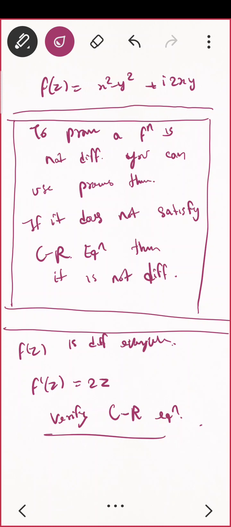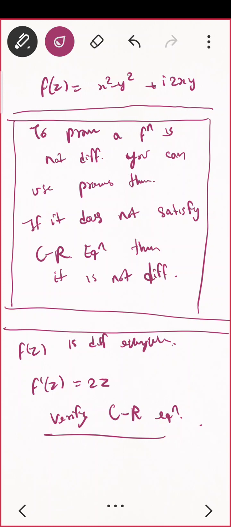Can you tell me what the function is in terms of z? Anyone? If you have seen the derivative, you should quickly answer. Z square, very nice, perfect. Once you are having z square, derivative will be 2z.